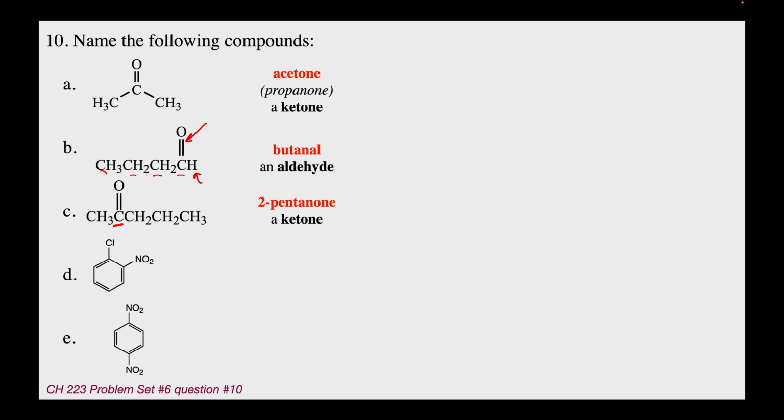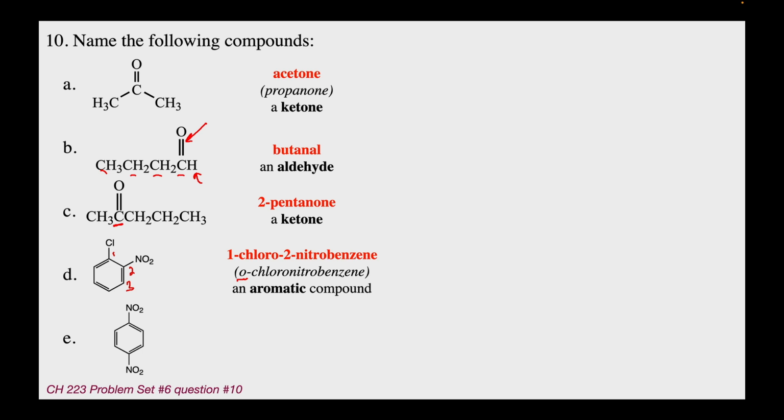I would recommend using smallest numbers possible, 1, 2, 3, etc. I would call this 1-chloro-2-nitrobenzene. However, sometimes you will see what's called ortho, meta, and para nomenclature. Ortho is a 1-2 nomenclature. So if you see orthochloronitrobenzene, same thing. So 1-chloro-2-nitrobenzene is the same as orthochloronitrobenzene. Either one is fine.